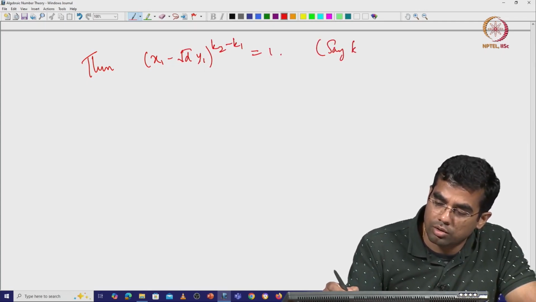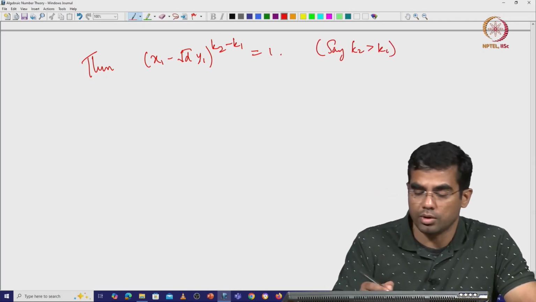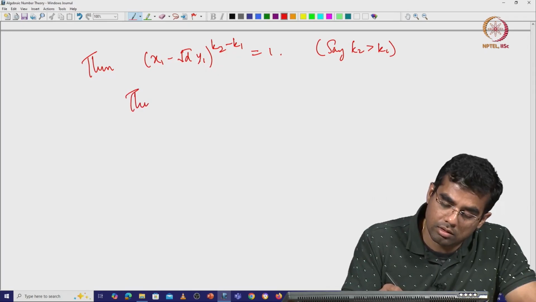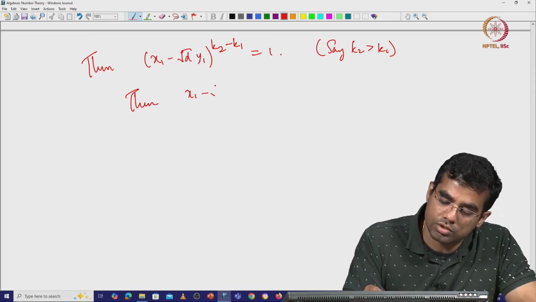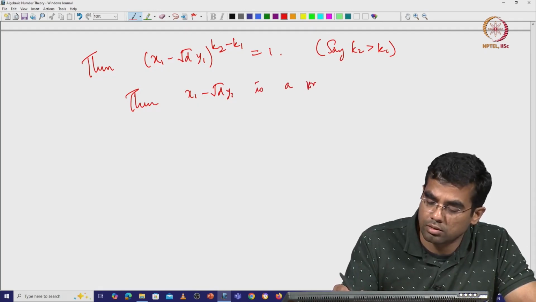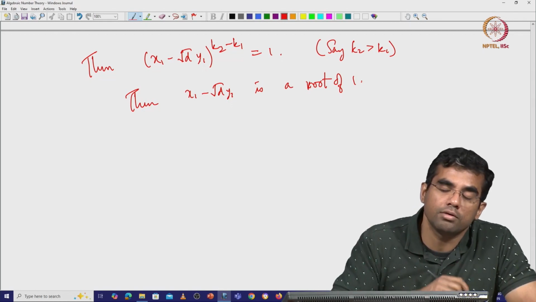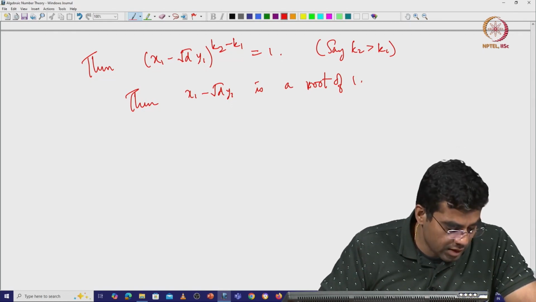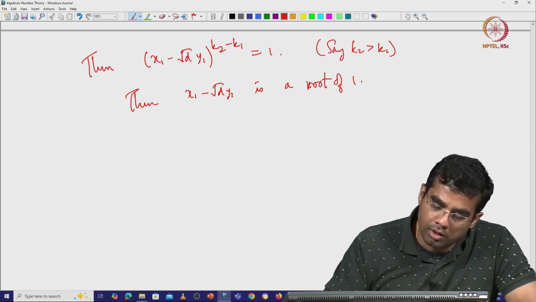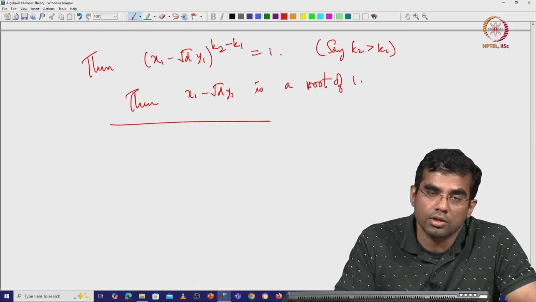Say k2 is bigger than k1 for sake of notation, then x1 minus square root of d y1 is a root of unity. But we are starting with a non-trivial solution, so we do not want a root of unity, right. So, that tells you that if you have one solution, you can get infinitely many solutions.